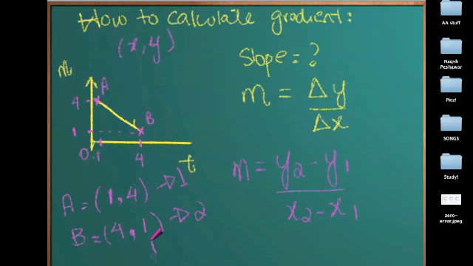So since this is the y value, this becomes y2 and this becomes x2, and this value here becomes y1 and this value here becomes x1. Now let's just substitute. y2 is 1 minus 4, divided by x2 is 4 minus 1.